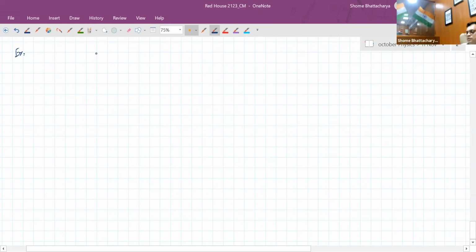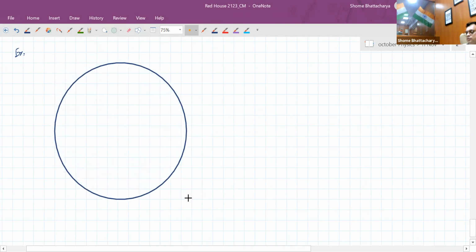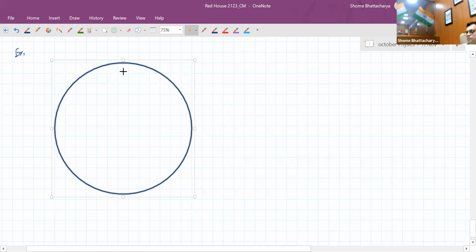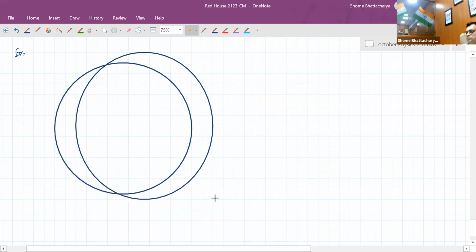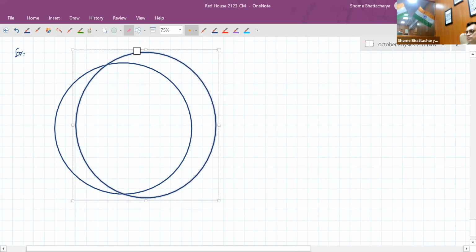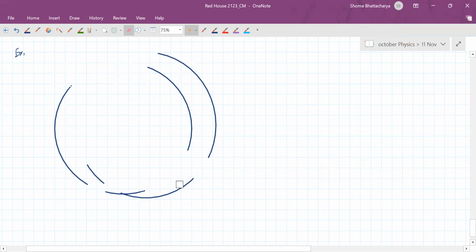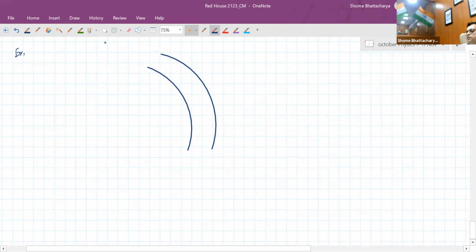Now let's look at the type of example we were seeing earlier also, but in context of dynamics now. So let's say the diagram is just showing a part of the circular track.